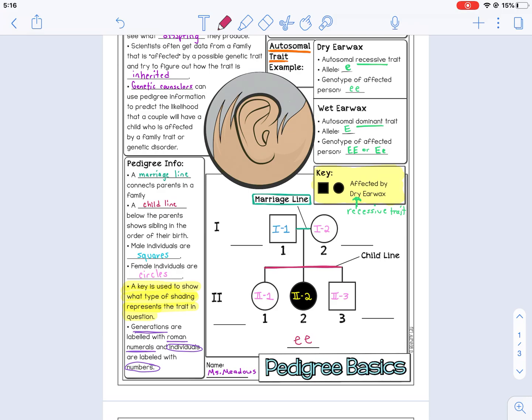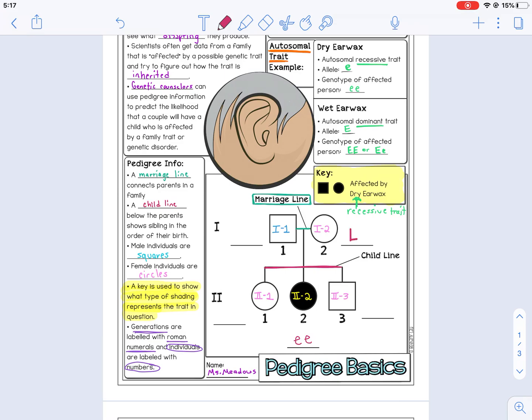She has to be little e, which means she has to have been given a little e from each of her biological parents. Now, since neither one of them is affected by dry earwax, that means they can't be little e, little e. But they do both have to have at least one little e in order to pass it on.